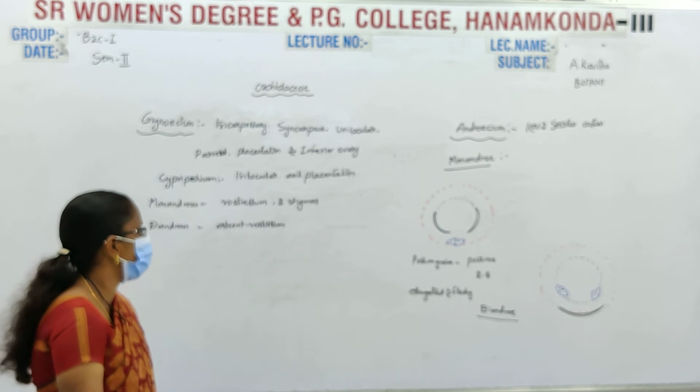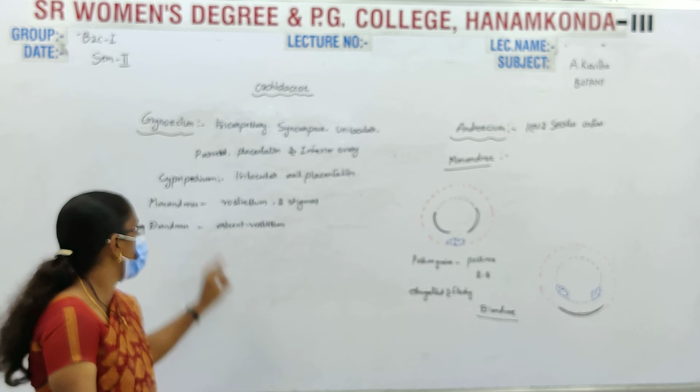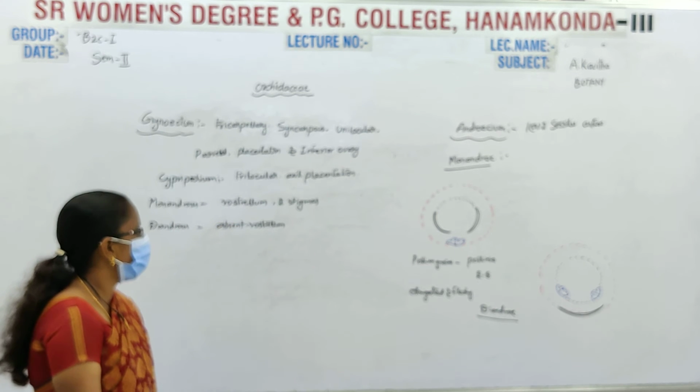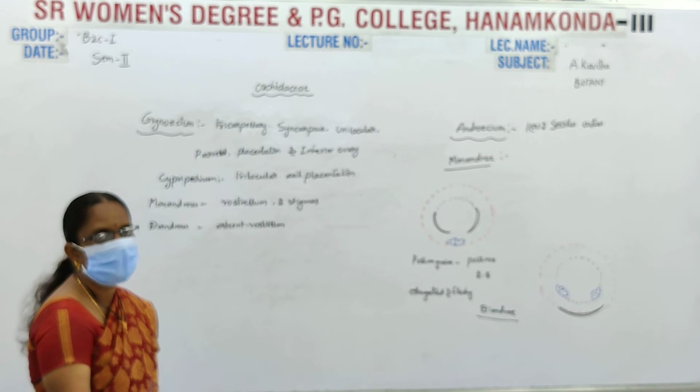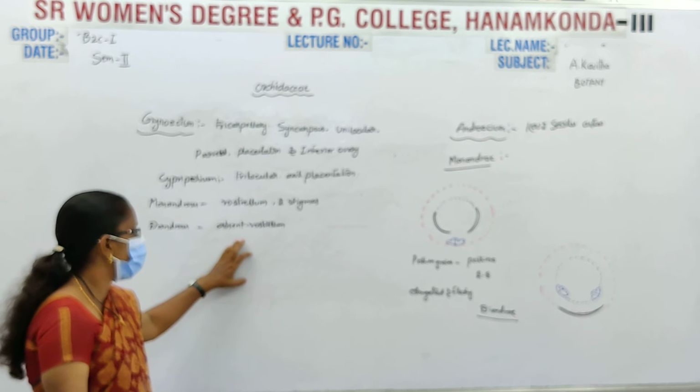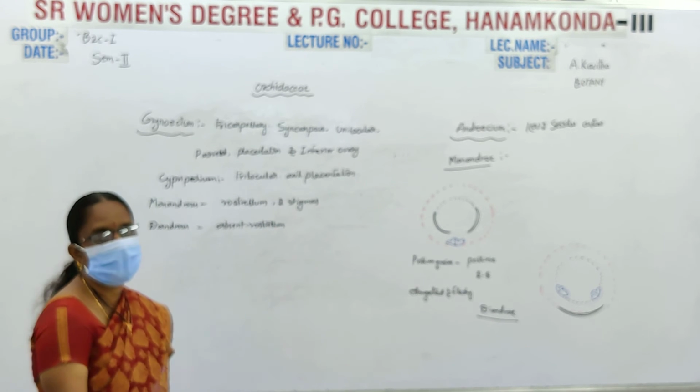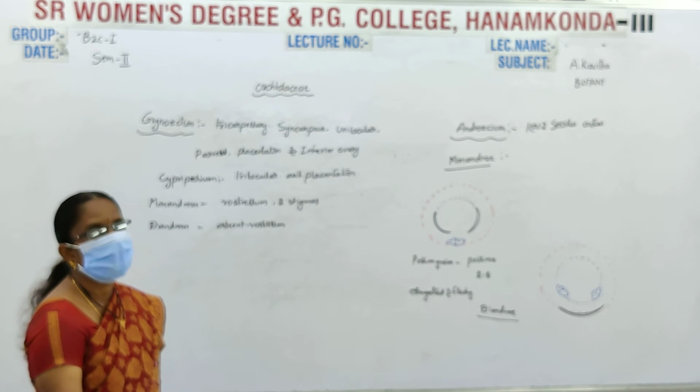In monandrous forms, only two stigmas are fertile and one stigma is sterile. And in diandrous forms, the rostrum structure is completely absent and all stigmas are fertile.